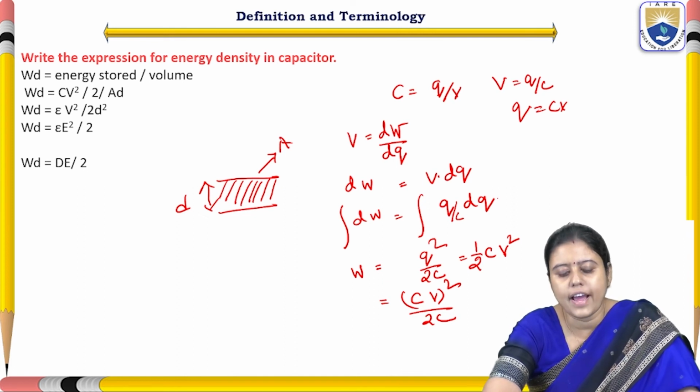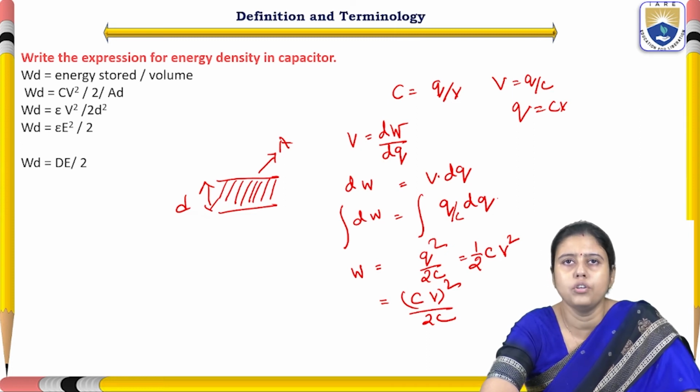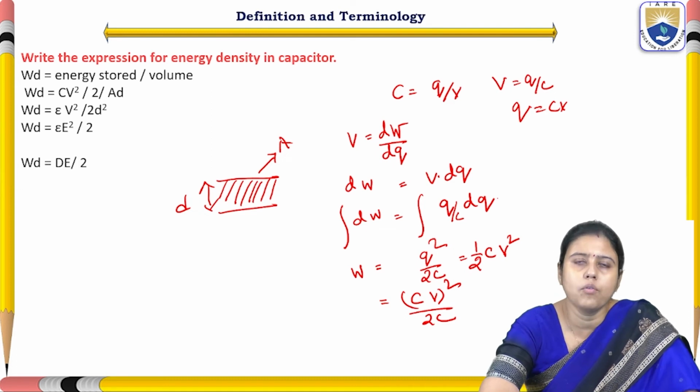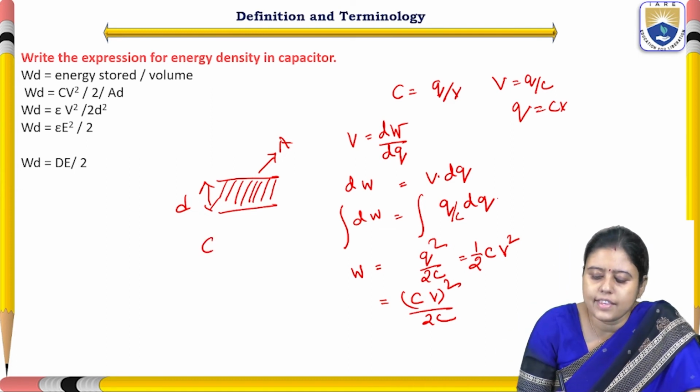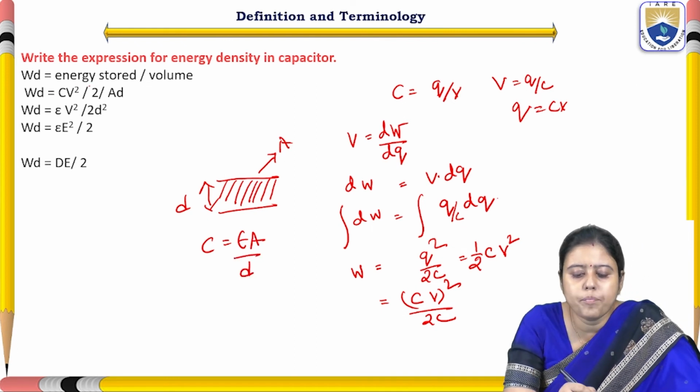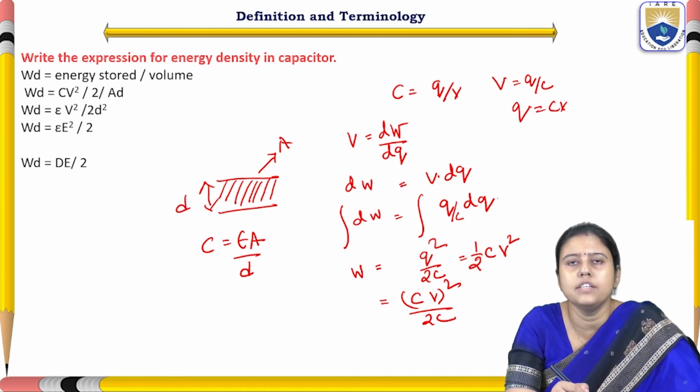So we can write CV squared by 2 into volume. Again, what is C? C is nothing but epsilon A by D. If we put the value here, we will get epsilon V squared by 2D squared.